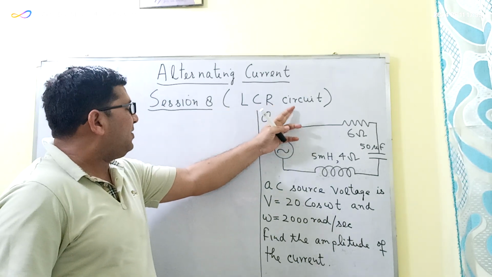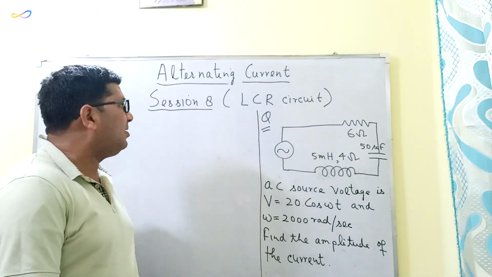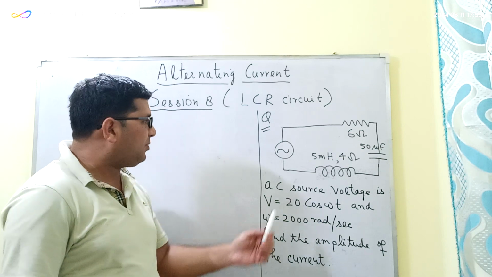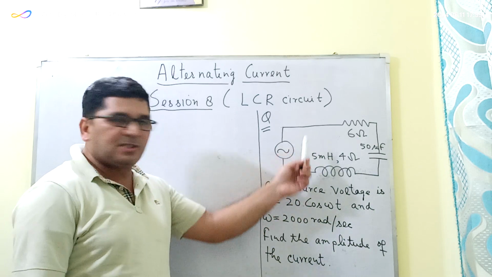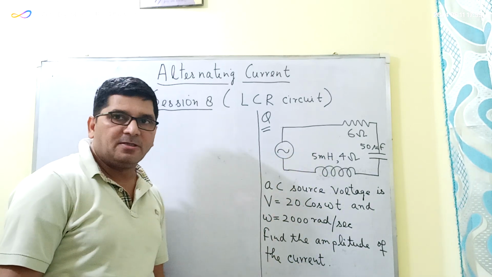So in the previous session we discussed the LCR circuit, and we tried to understand the phase relationship between the oscillating potential difference and the oscillating current flowing in this circuit.